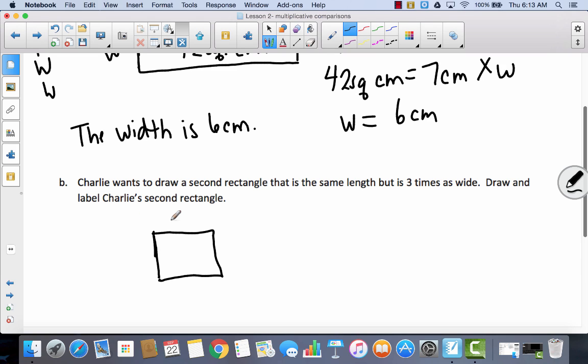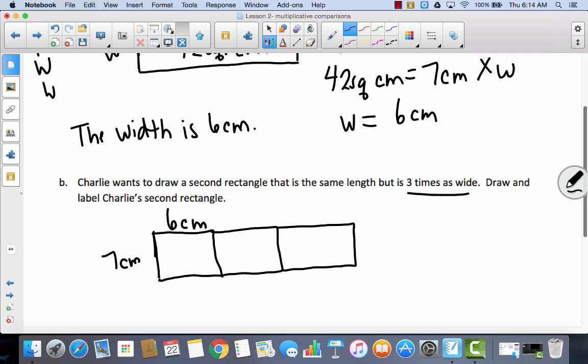But we know that the length of Charlie's rectangle was 7. So I'm going to put 7 here, even though I know up here 7 was at the top. And I'm going to use 6 as the width. The reason why I'm doing that is because it's 3 times as wide. And it's just easier for me to go 3 times this way than it is for me to go 3 times down. All right, so we're going to go 3 times.